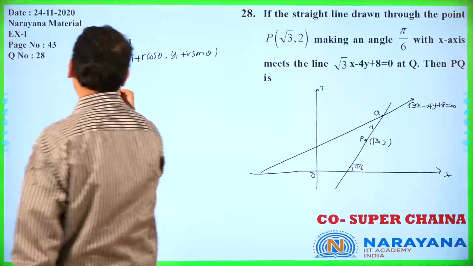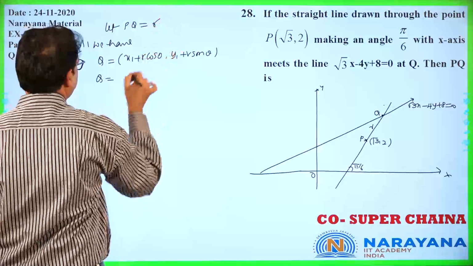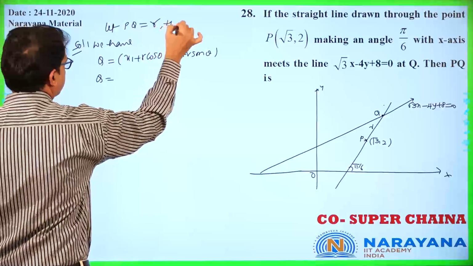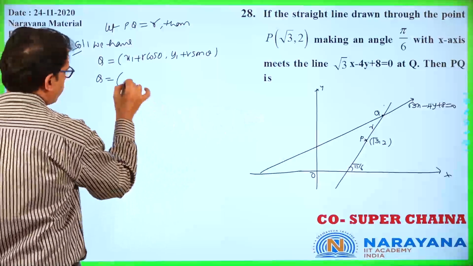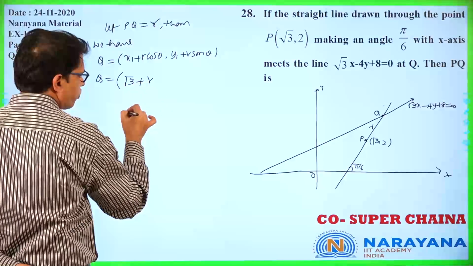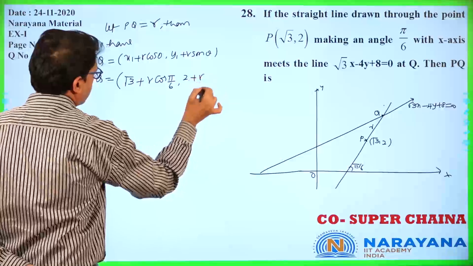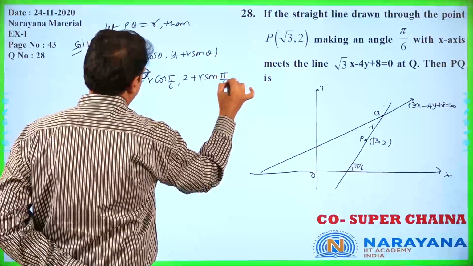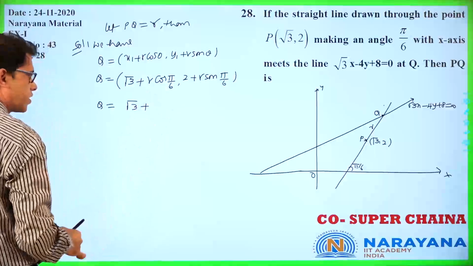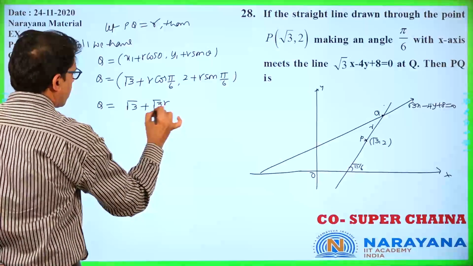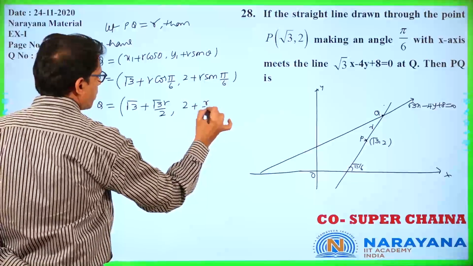Then the Q coordinates are x1, which is root 3, plus r cos pi by 6, plus y1, which is 2, plus r sin pi by 6. From this, Q is root 3 plus root 3 r by 2, since cos pi by 6 is root 3 by 2, then 2 plus 1 by 2 times r, that is r by 2.